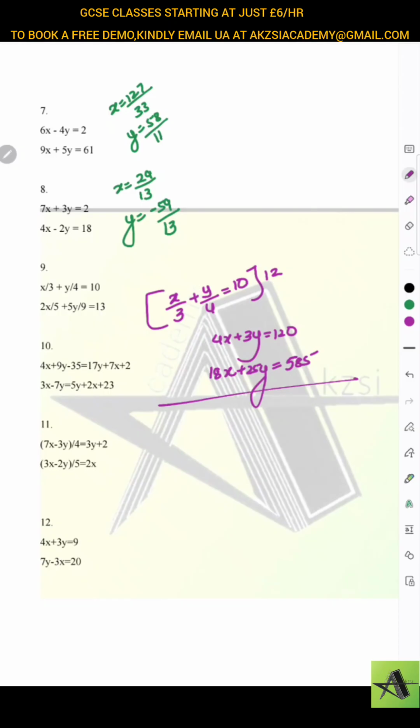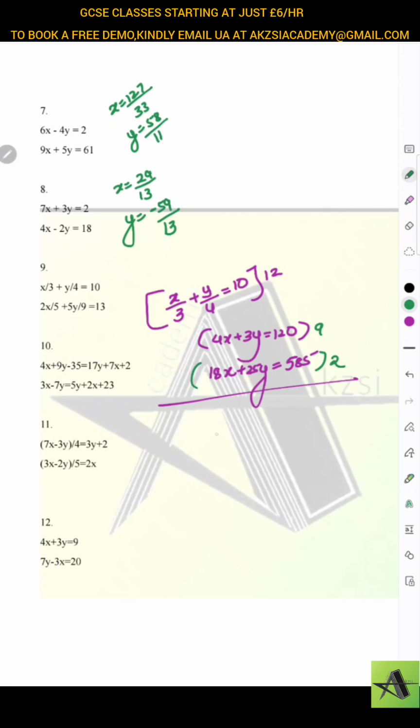Now I have to make any variable's coefficient same, and let me make x same. So I can clearly see that 36x is the LCM of 18 and 4. So I need to multiply this whole equation with 9 and this whole equation with 2.